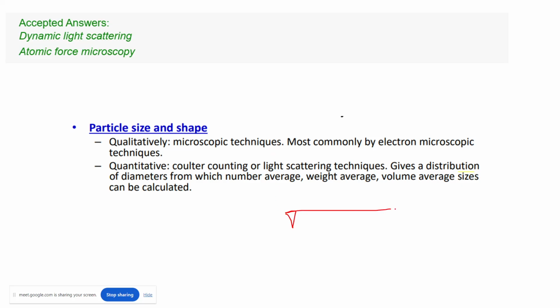Like it will have some probe like this, and here you have your different particle sizes, so you can collect that information and measure.